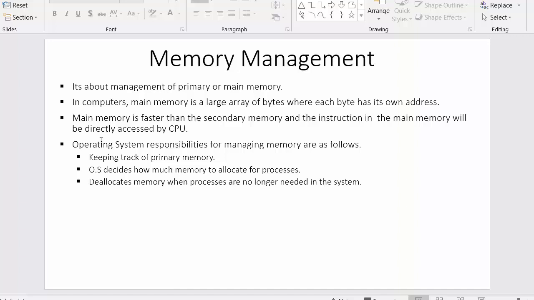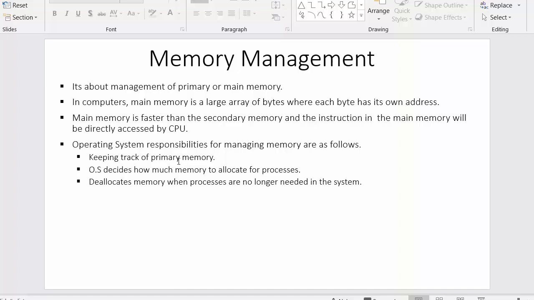Okay, so now what are the roles of main memory? The operating system performs keeping track of primary memory. The operating system continuously monitors how much memory has been allocated to various processes and programs, and software, how much memory has been used, how much is utilized, and how much is pending, so that we can use that memory for other processes.